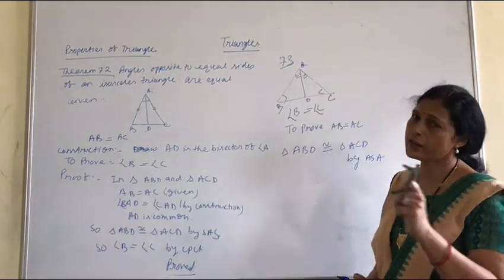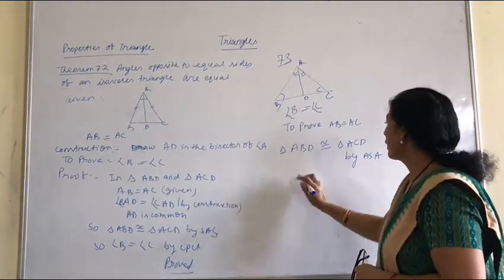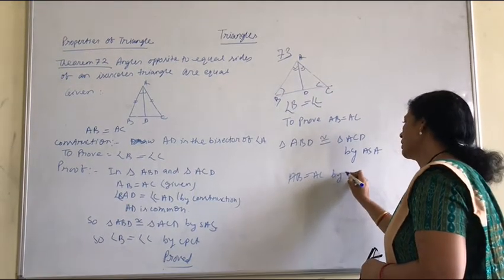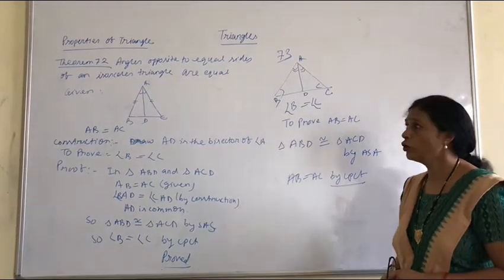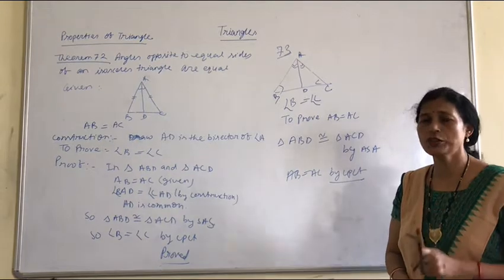Then by CPCT. Okay, this is your 7.3. You just do properly like that. Clear? These are two theorems.